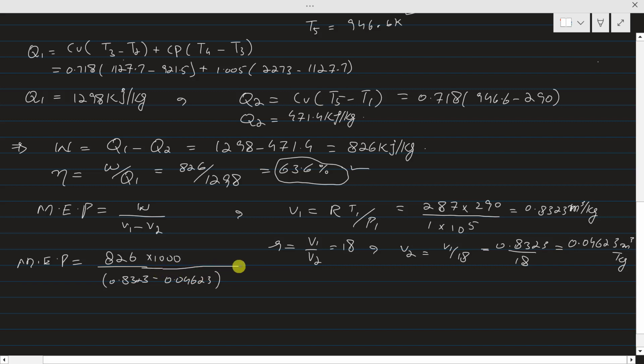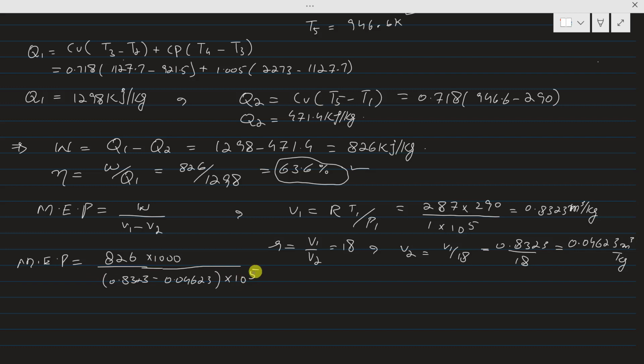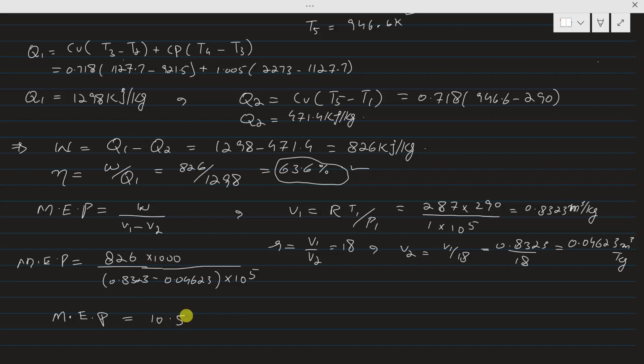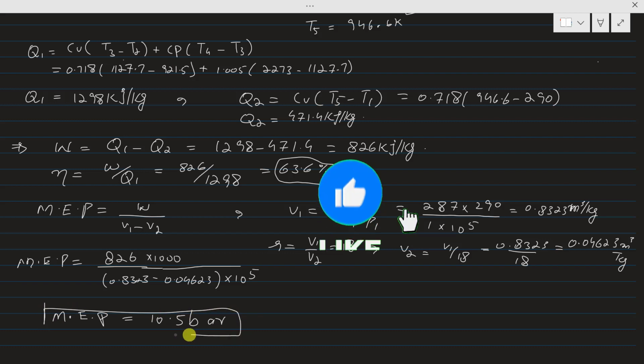So to convert its value into bar, divide it by 10 to the power 5 to convert that value directly into bar. So the mean effective pressure of this problem statement you will get after simplification of this value, that will be 10.5 bar. This is the final answer of this part of the problem.